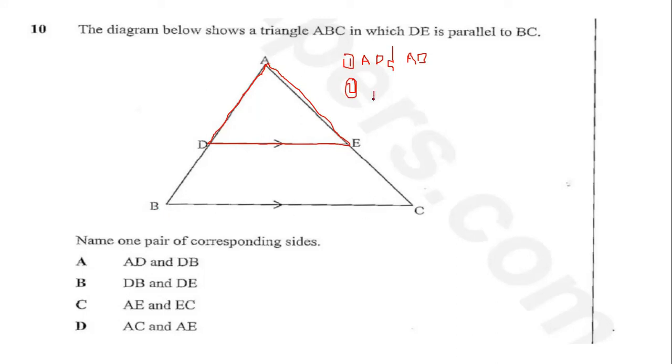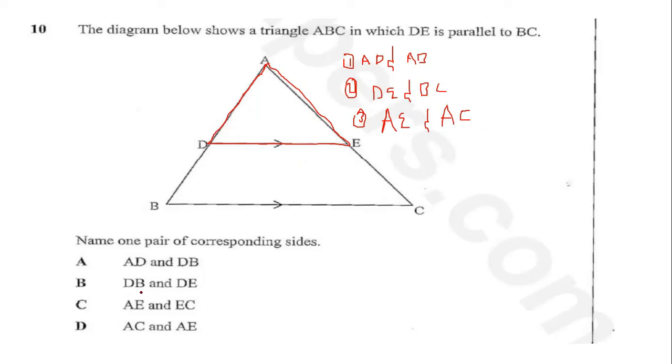So we can also compare DE and BC. Then the third side that we can compare is AE and AC. So those are corresponding sides. It doesn't matter which one you start with; you are comparing which one is corresponding.